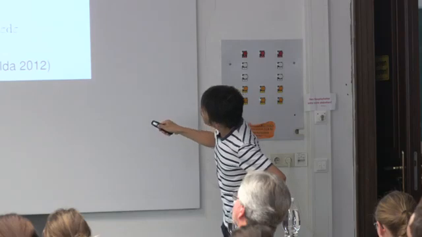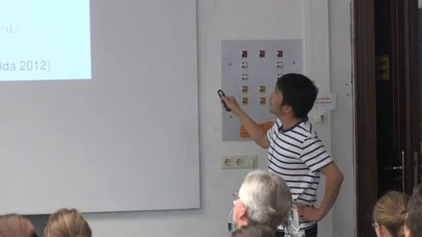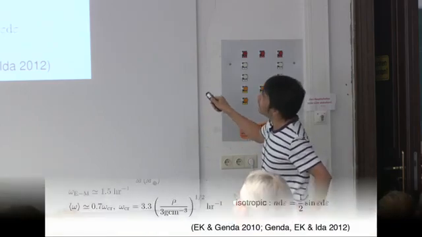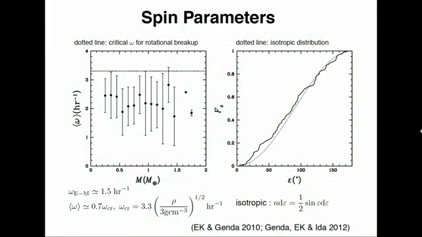This solid line is the result of the N-body simulations, and this dotted line is the isotropic distribution. Isotropic means that the direction of the spin axis is equally likely in all directions, which is the natural outcome of the giant impacts.